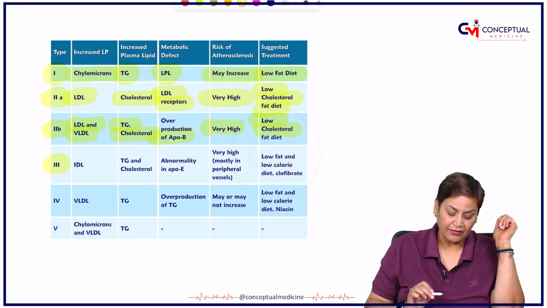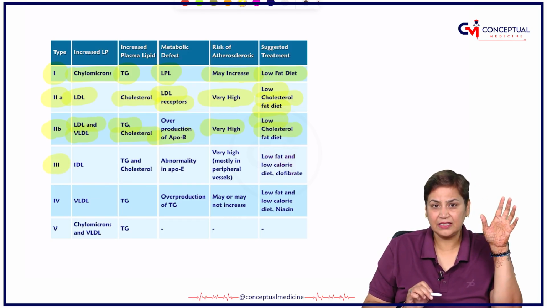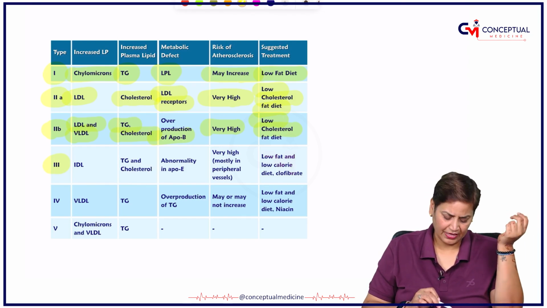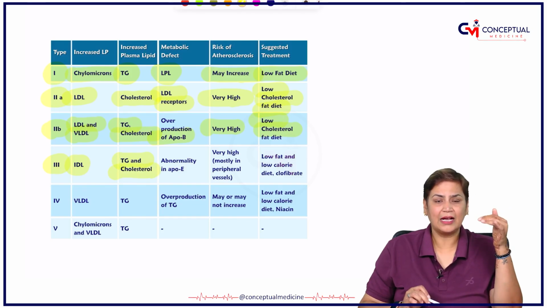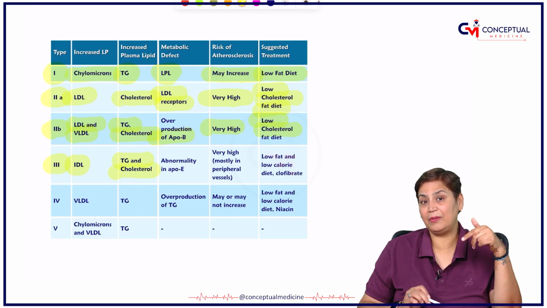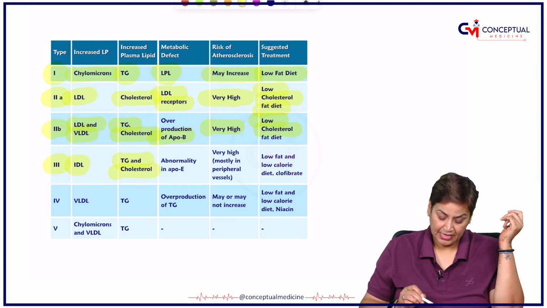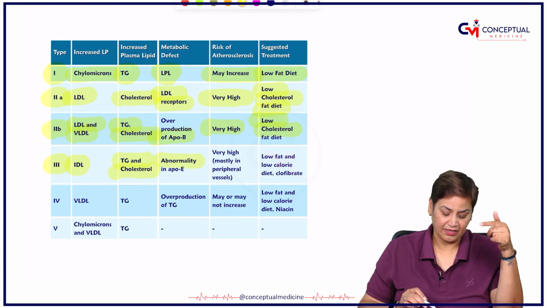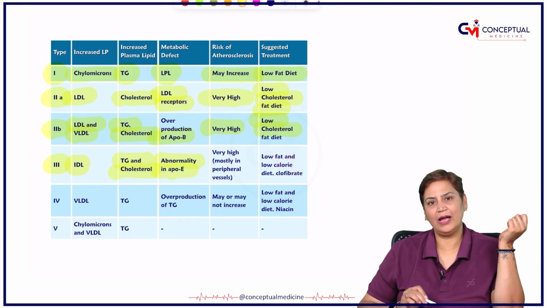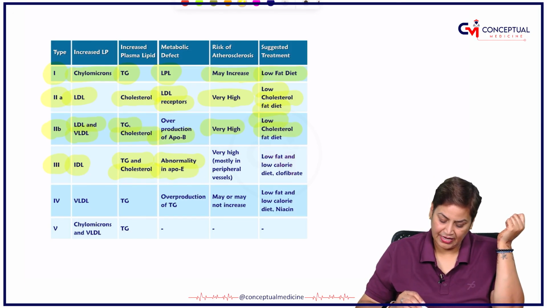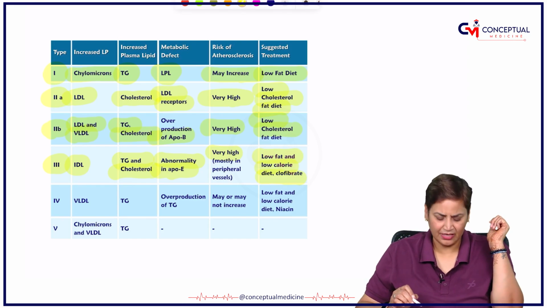Then comes type 3, which is remnant removal disease, mainly remnant VLDL, or we can call them IDL. Okay, TGs and cholesterol, because I told you chylomicron remnants and remnant VLDL are going to increase. And what is the defect? There is abnormality, or you can say Apo E, which is required for receptor mediated endocytosis, is absent. Then risk will be very high, and a low fat and low calorie diet or fibrates is the medicine required for this.